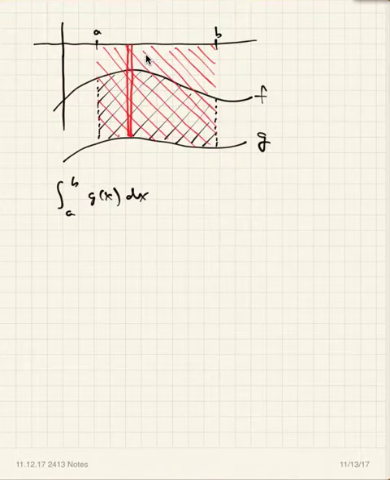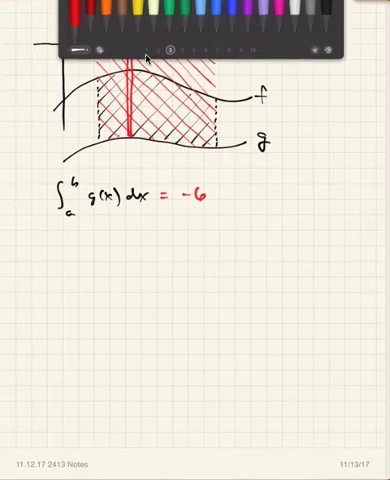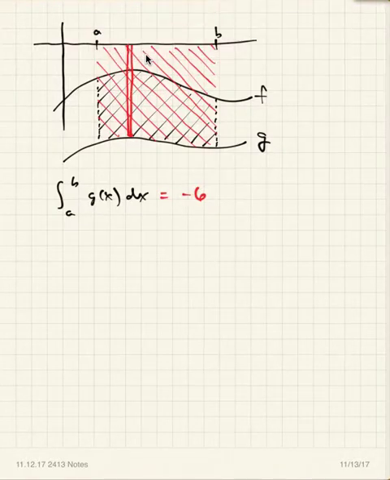Right? And so, let's say, for example, that the red region up there had an area of 6. So then this integral would give us -6 right here. And then what about the integral for f? Well, if you integrate f, now you're looking at this region, and I'm shading this in blue right here.